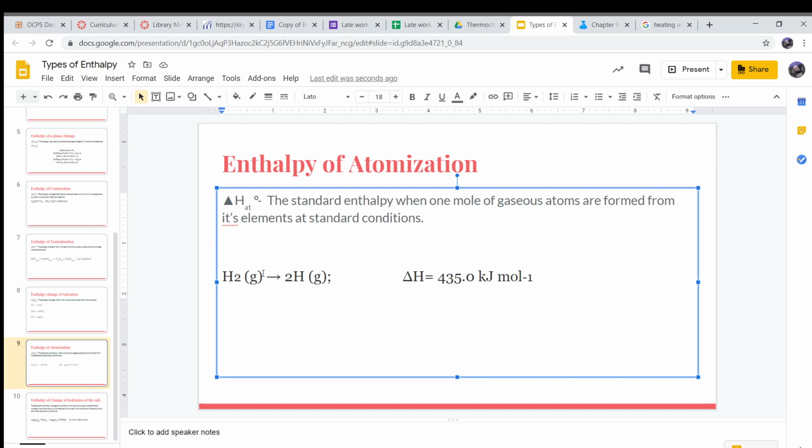And notice here that this has actually taken an increase in energy, but it's basically the enthalpy of 1 mole of gaseous atoms that are formed from its elements. Okay, so this is enthalpy of atomization, taking a compound element like hydrogen gas and turning it into two independent hydrogens. Okay.